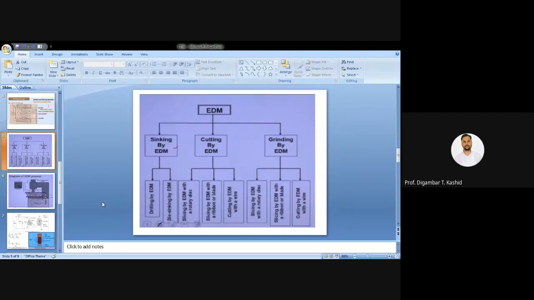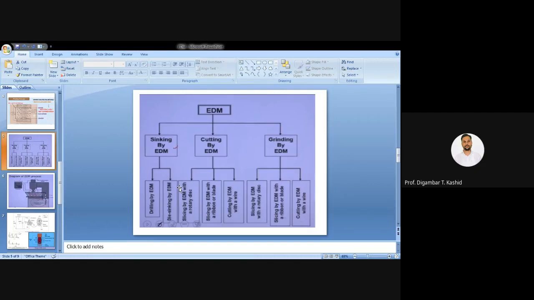So these are the different processes I have shown here, which can be done by this EDM process. You can see die sinking EDM is there. That means the tool should be a replica of the workpiece, and that replica is to be made on your workpiece surface.